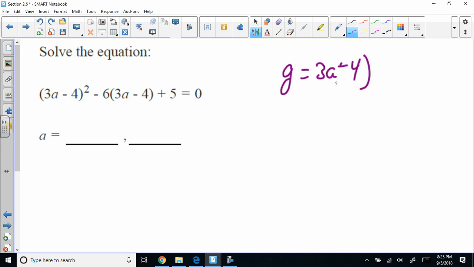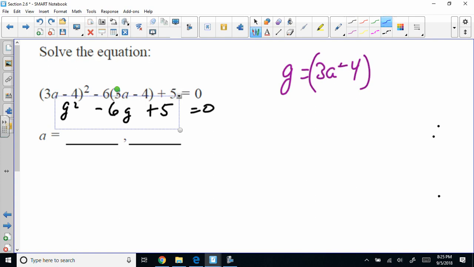So, if I say that's G, then this becomes G squared minus 6G plus 5 equal to what? Now that looks much prettier than having to do all that other stuff, right? Now we'll factor it and solve it, and then we'll turn around and plug in what G is, and then finish really solving it. So that's really what we're doing.